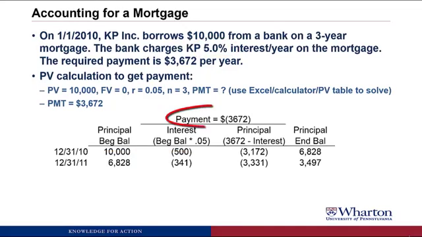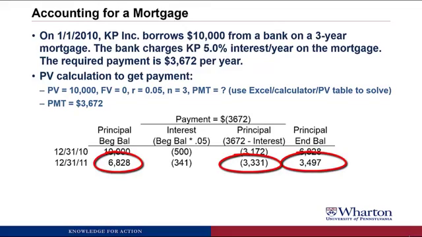That's calculated as $36.72 minus $341, so that's $33.31. And so since we're paying back that principal, the balance in the mortgage principal at the end of the year is $34.97. That's $68.28 minus $33.31 gives you $34.97.